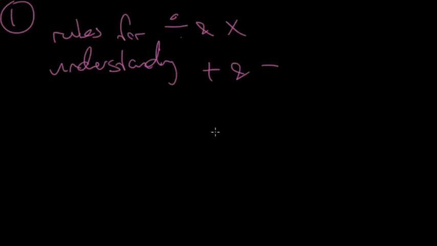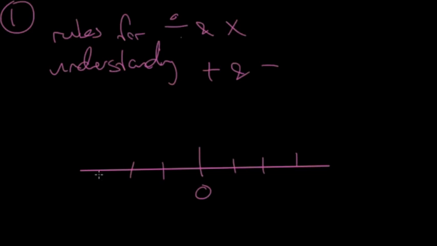To understand addition and subtraction, a really handy thing to think about is our number line. We've got 0 in the middle, and so we've got 1, 2, 3, negative 1, negative 2, negative 3.